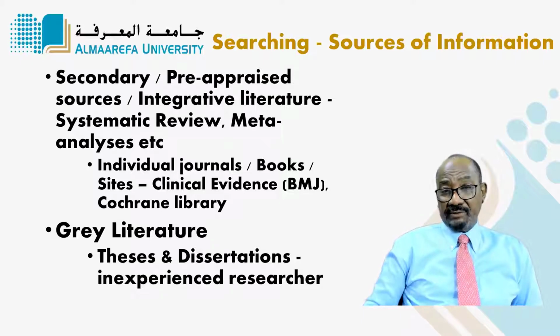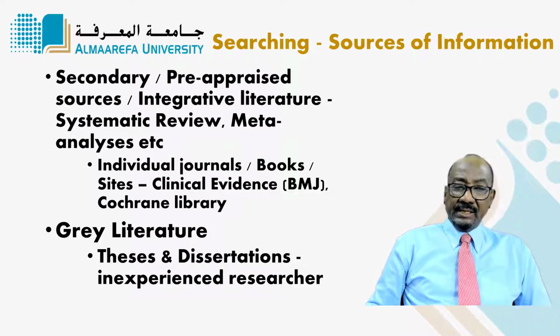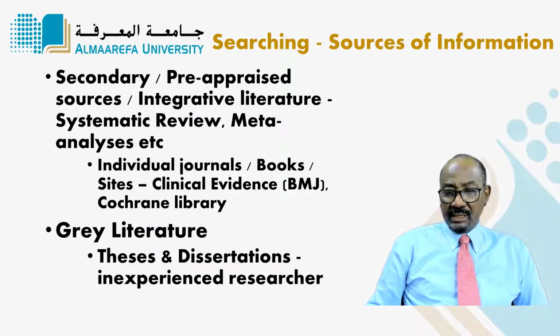It's called the integrative literature, like the systematic reviews and the meta-analyses, etc. And these can also be found in individual journals, in books, sites, in clinical evidence like British Medical Journal, and in the Cochrane Library. You will find secondary pre-appraised sources.